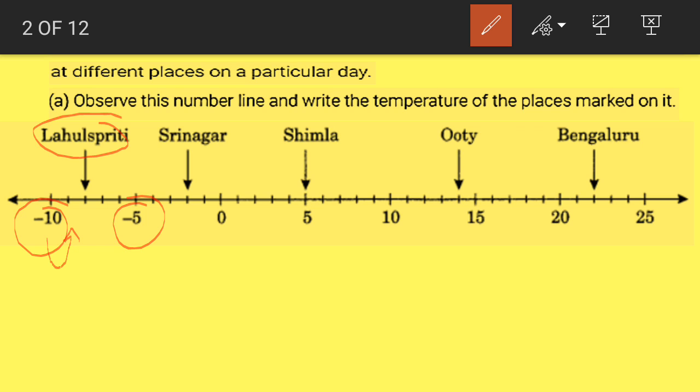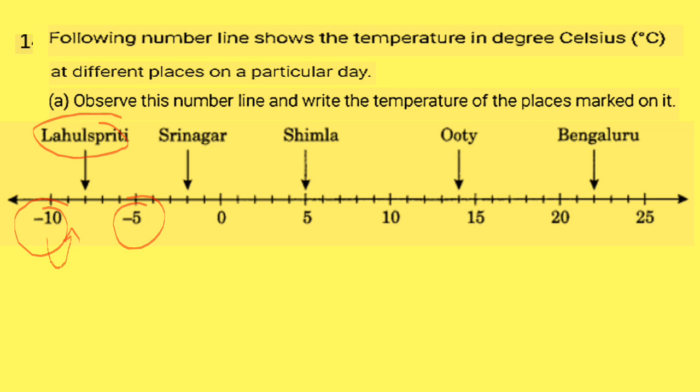And -10 will increase by 1 unit, that is -9, like this. So one step means -9 and the next step is -8. Here is Lahu Splitty. So the temperature at Lahu Splitty is -8 degrees Celsius.